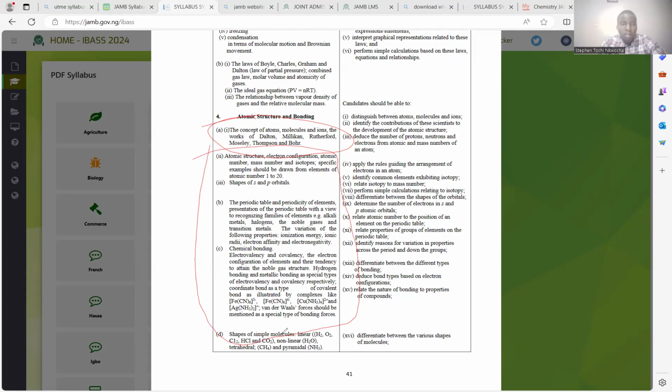I can talk about this without using slides. But what I'm going to do today is try to be guided so that I don't go extensively beyond what we are supposed to cover. When you are using the syllabus, look at what they are expecting you to do. On the left-hand side of the syllabus, these are the topics, and on the right-hand side, these are the core things that you should pay attention to. How do you distinguish between atoms, ions and molecules? That's the basic thing they are interested in.